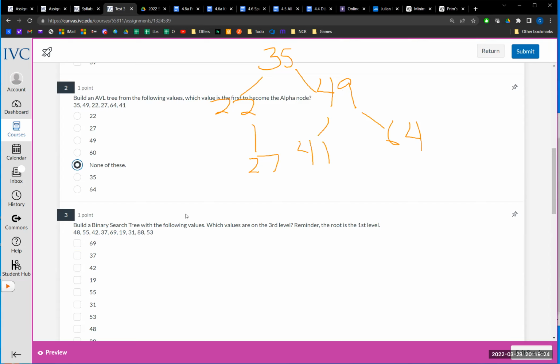If we were to add another value here, 29, then this would become alpha. This would have been beta, and we would have been rotating up, in which case the answer to the question would have been 22. Questions about number 2?